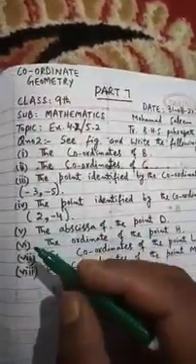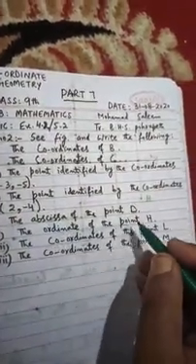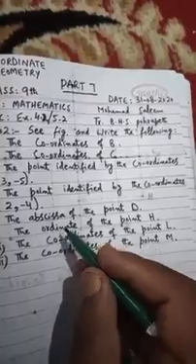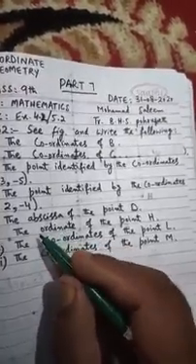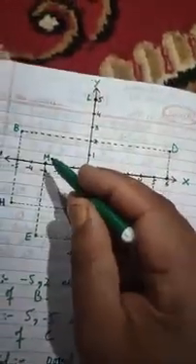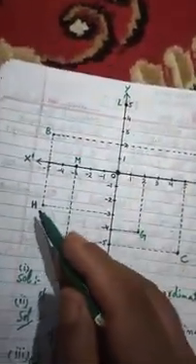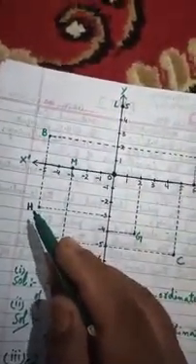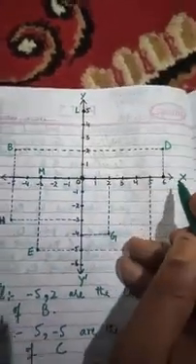Okay, let's read out sixth part. The ordinate of the point H. Ordinate means second value, and it is to be found on y-axis. See the figure, point H is here. We have to find the ordinate, not abscissa. First value is here on x-axis, that's -5.